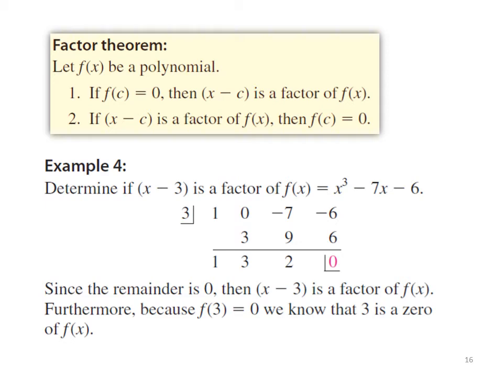And if x minus 3 is a factor, then also we know that f of 3 equals 0. The other way to do it without using the factor theorem is to actually carry out the division, divide x cubed minus 7x minus 6 by x minus 3, and you will find out that the remainder will be 0.